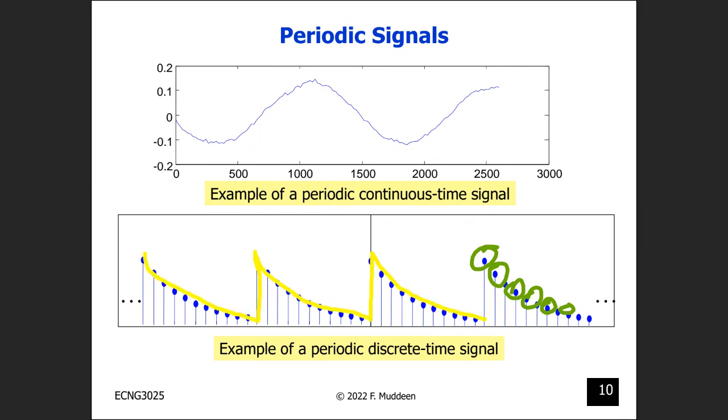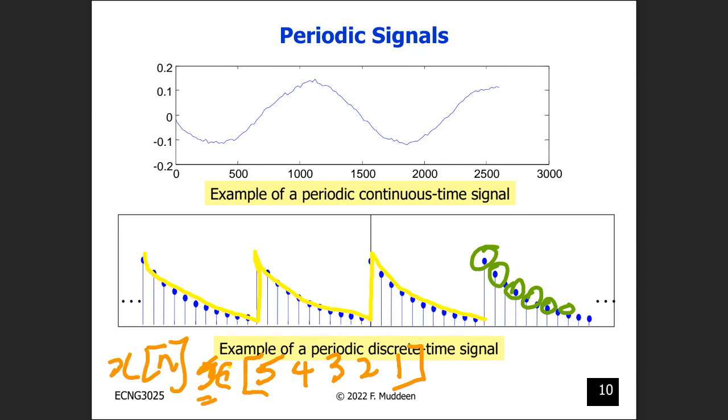For a discrete time signal to be periodic, remember it's a series of values. Remember, x[n] is, let's say, 5, 4, 3, 2, 1.